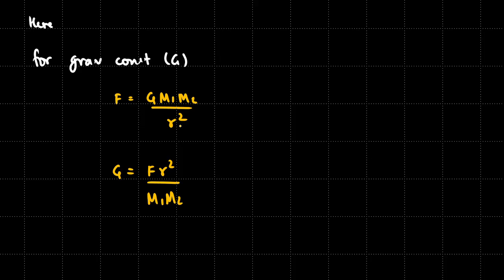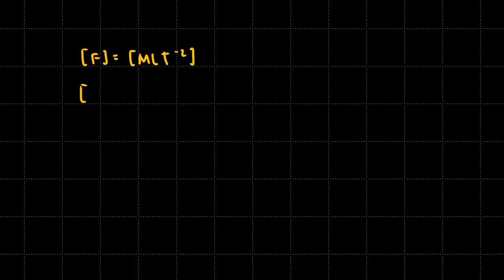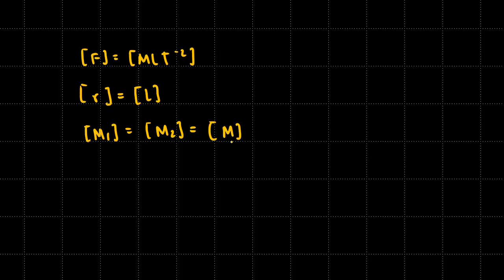In various books you will see sometimes r, sometimes d. The dimension of r, in this case, is not the radius, it is the distance between the two objects, so it will be L, since the distance is a length. Then the dimension of m1 will be equal to the dimension of m2, since both are masses, and this will be M.